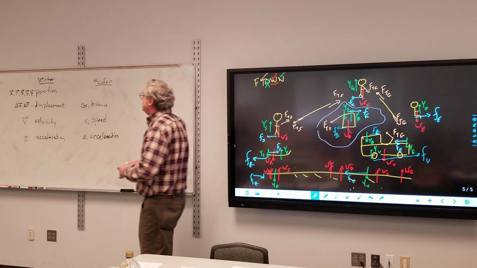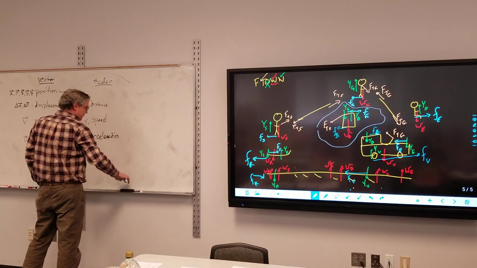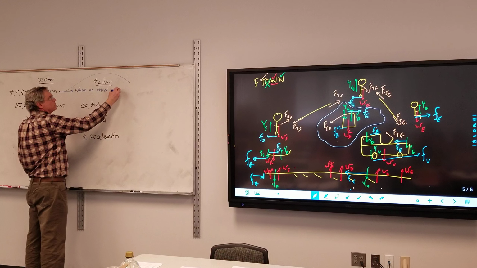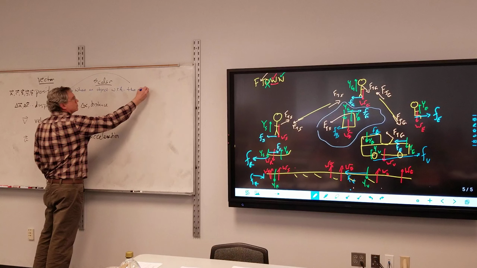All right, so position. I'm going to put it right here, and then I'll eventually erase that. Position is where an object is with respect to the origin. You establish some place as 0, and then you can talk about it from there.